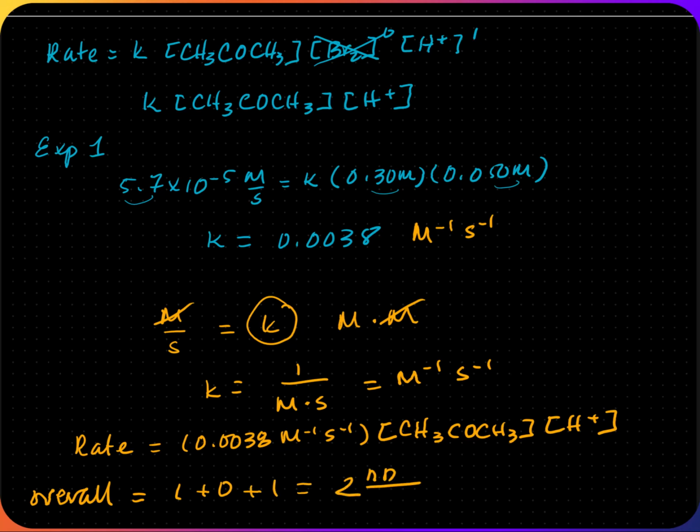So for rate laws, you need to first write a generic rate equation, and it only involves the reactants. No products are included. We also do not use the coefficient of the reaction.